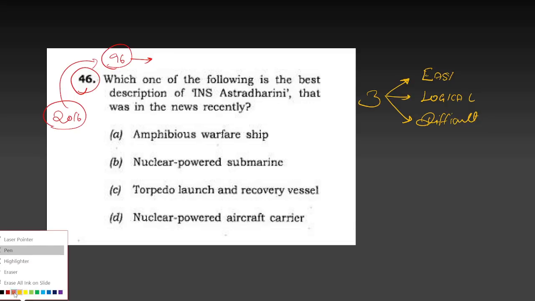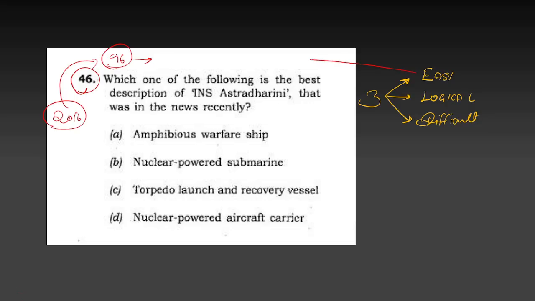So in the first reading, the first 45 minutes, when I came to the 96th question, I understood that this question paper was easy, because the question paper will be easy, medium or difficult.